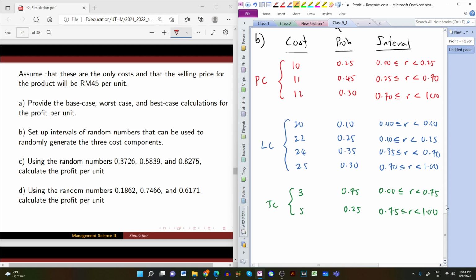This is B, set up random intervals of random numbers.